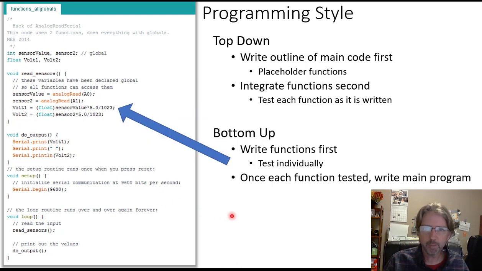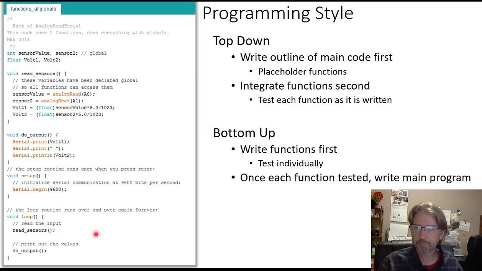If we were going to do the bottom up, we would think about all the things our program has to do, and we'd write these functions, the read sensors and the do output, and test them individually in their own little separate test programs. And then once they're done, we can put them into our main program, and the whole thing should more or less work. Or if there's a bug, we know it's not in this thing that we tested, it's in the new program that we've written. So both approaches let you test incrementally.